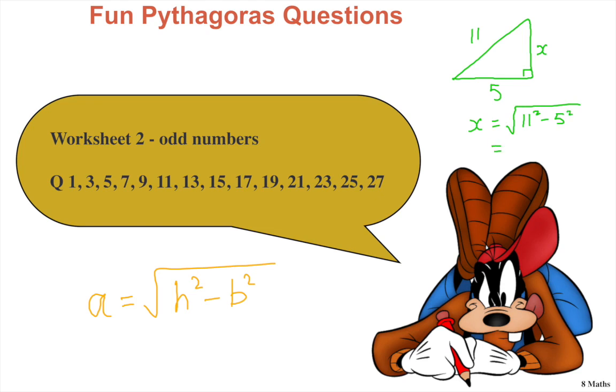Put that into your calculator, and if I round it to one decimal place, the answer will be 9.8. So that missing side length is 9.8 units long.